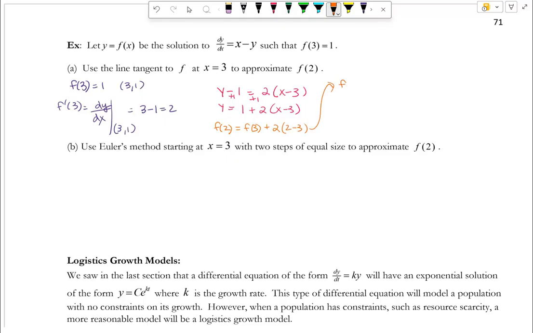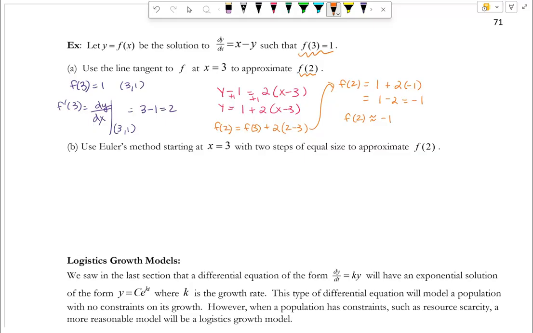So we end up getting that f of 2 is 1 plus 2 times negative 1. So our delta x here is negative. We started at x equals 3 and we moved to the left one spot where x equals 2. So we end up getting 1 minus 2, which is negative 1. So again, f of 2 using the tangent line approximation is about negative 1.